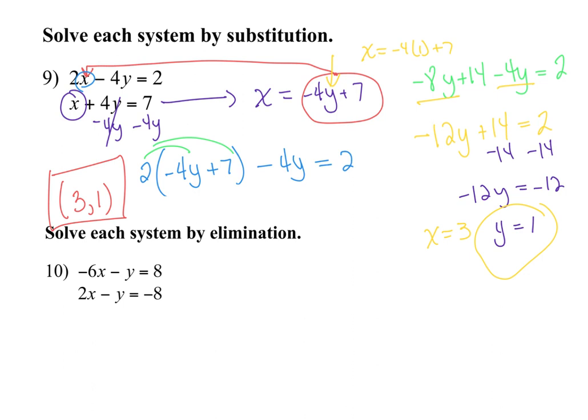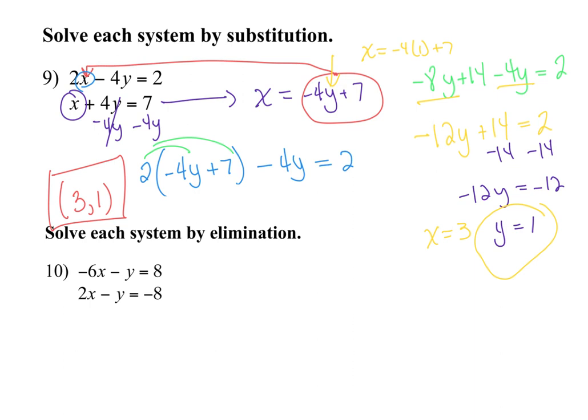The next way that we did was elimination. Elimination is eliminating one of my variables. Which variable do you think I would want to eliminate here? However, I can't just start adding because they would make a negative 2, not a 0.